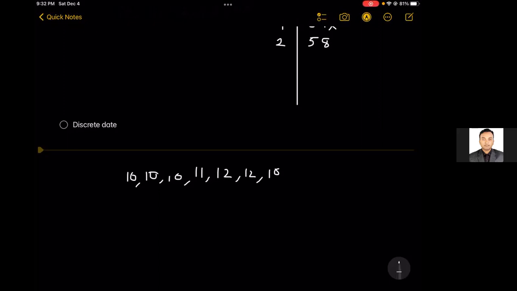So stem leaf doesn't look like a very good option, because you can see if we start drawing this, or if we start working with this, it doesn't look very good. You can obviously use this to display, but is this a good option? I don't think so.